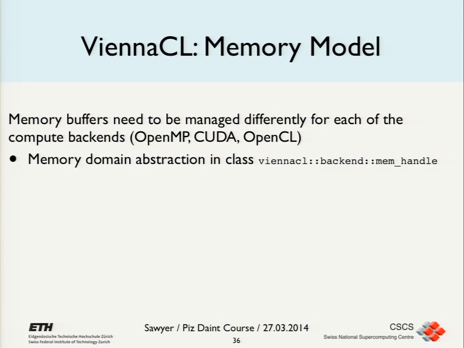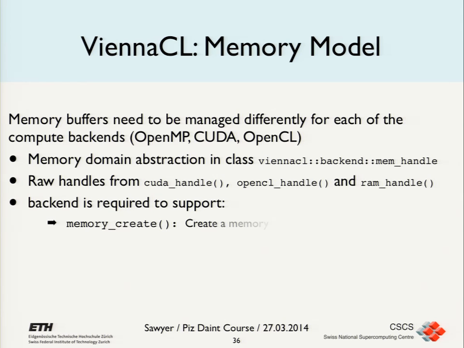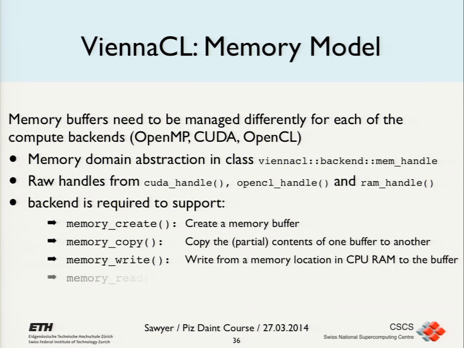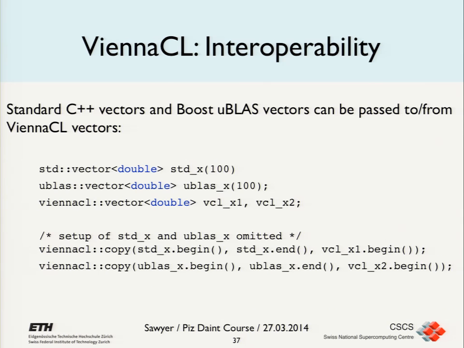Well, obviously, they need some sort of common interface to different backends. You can create memory abstractly. You can copy memory abstractly. You can write memory and read memory all abstractly. And the memory itself, well, that depends on which backend you're using, right? So it interoperates with Boost. Well, actually, not only Boost, but with other tools which are often used.